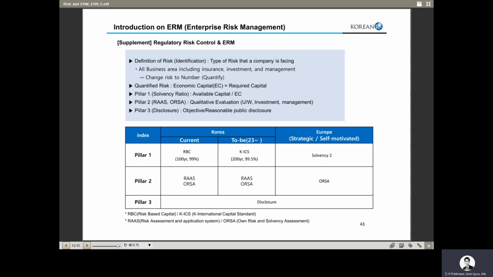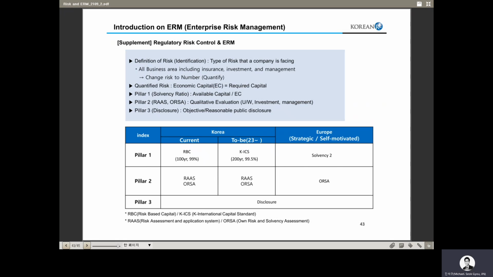We call it quantified processes, because all of the activities should be changed to numbers, so the risk can be controlled afterwards. And there's another area, we call it quantified risk. Then all of these numbers are quantified and summarized by economic capital and required capital and risk that we've explained earlier.